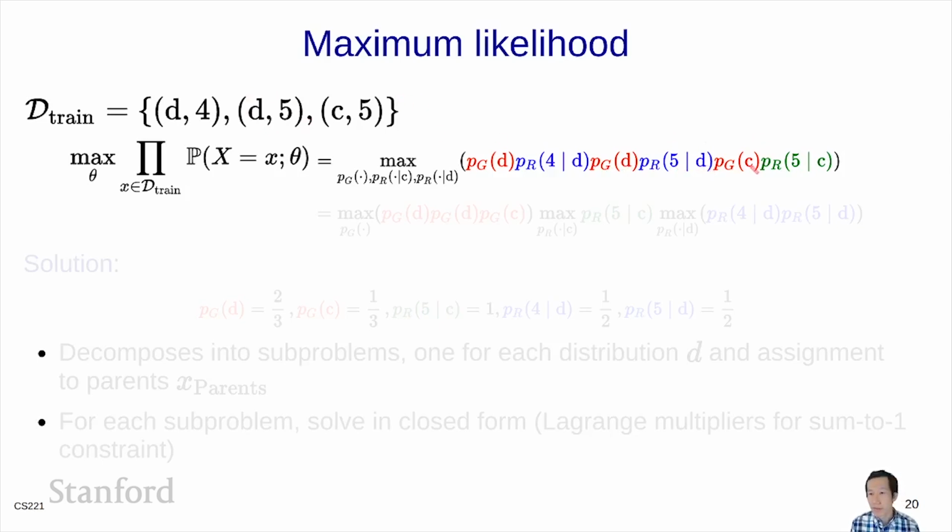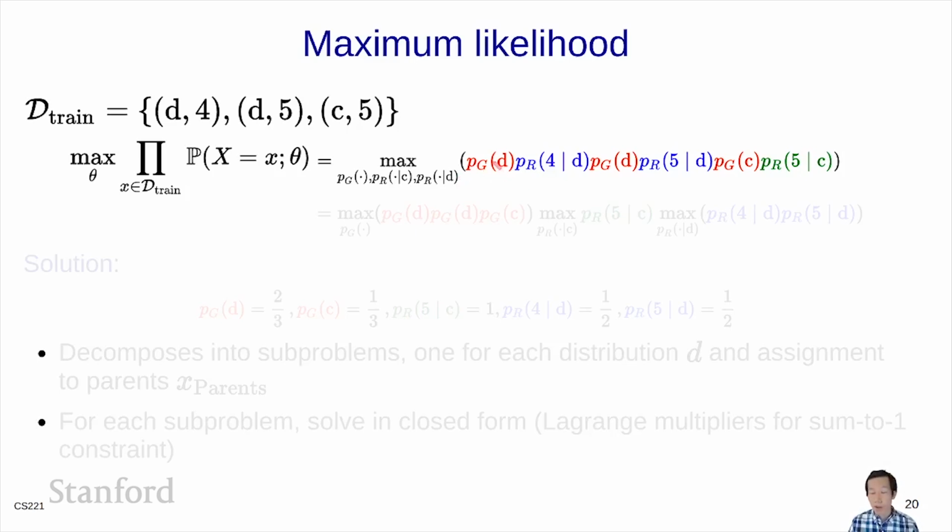And then P of C and P of 5 given C, that's the third data point. So I'm multiplying all these probabilities across all the data points, and that is the probability of the data given a particular assignment to the local conditional distributions.